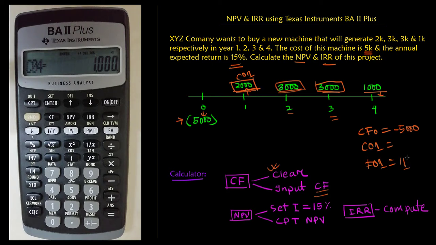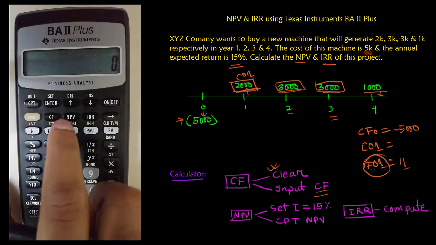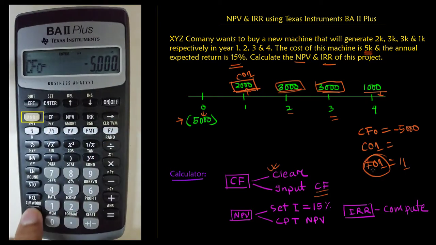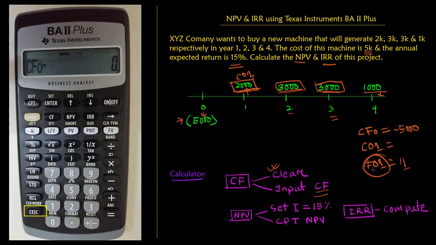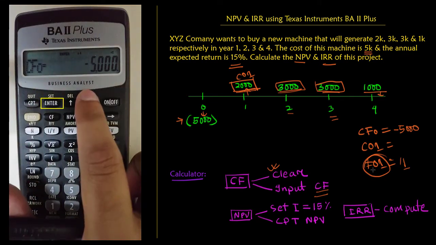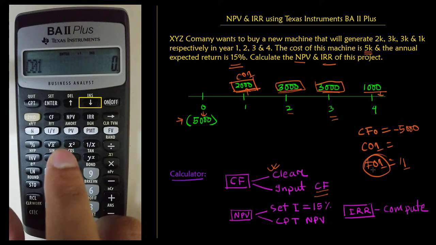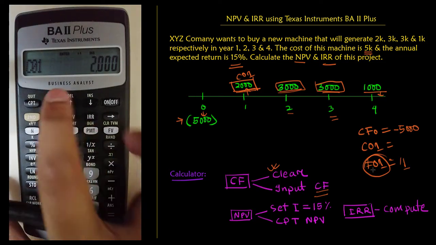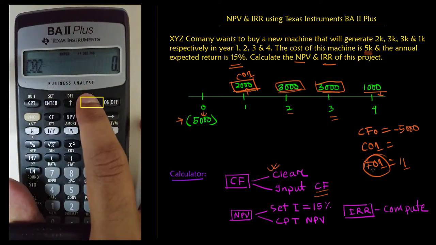Now let's say you wanted to utilize this F01, F02, whatever. So if we fully utilize this, we'll give the inputs as follows. So go to cash flow, first clear the memory, then put 5,000 negative, enter, then cash flow 1 is 2,000, so 2,000, enter, keep it to 1.